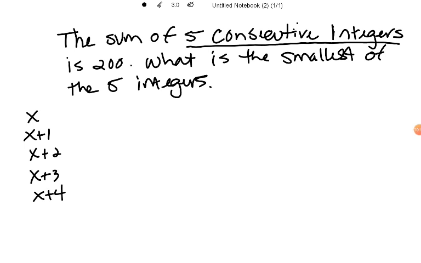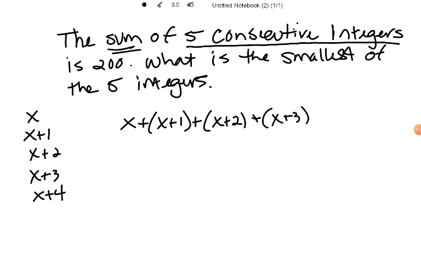So we're going to add them. So it's x plus 1 plus x plus 2 plus x plus 3 plus x plus 4, and these all equal 200. So we have 1, 2, 3, 4, 5x.